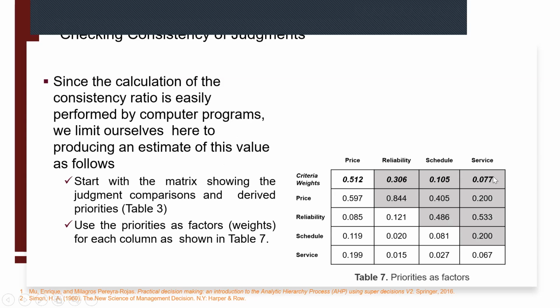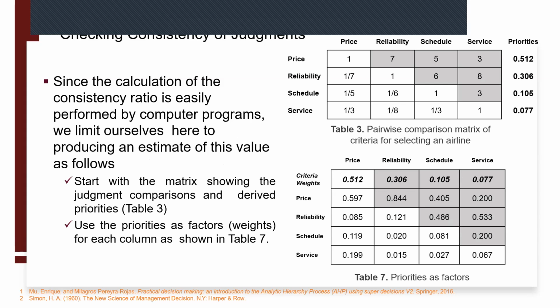Okay, so we are now going to the next step. So these are the priorities, using these as priority factors. Based on the pairwise comparison matrix, we listed the priorities on the side, and as you can see, these priorities will be the criteria weights, which we will use again for the next step.